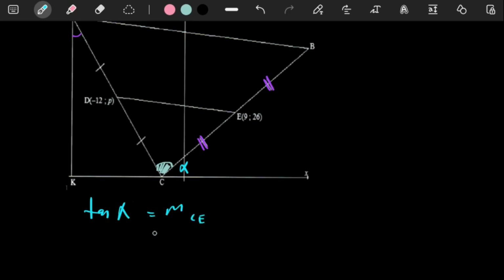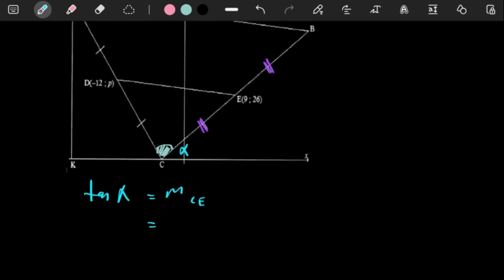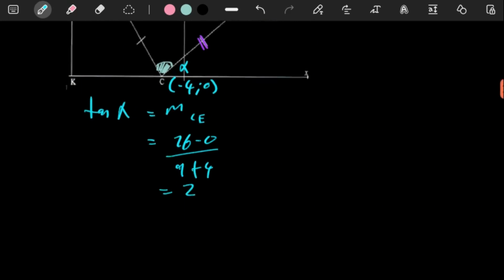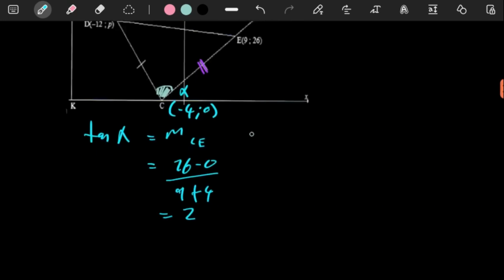Using the gradient of EC, what is it going to be? C is like -4 and 0. So it's 26 minus 0 over 9 minus -4. What we're going to get here is 26 divided by 9 plus 4, which gives you a 2. Nice. So for this angle, I always say get the reference angle first.